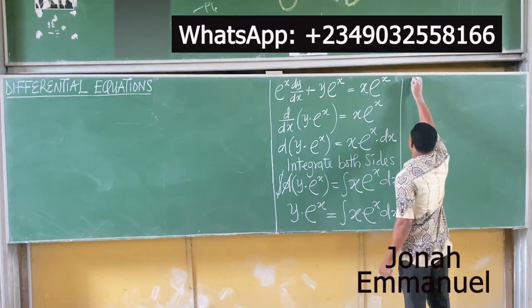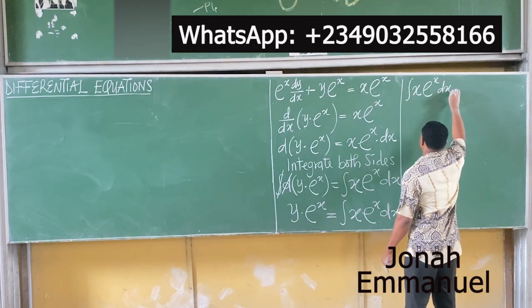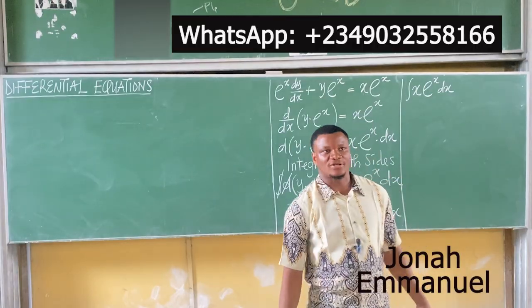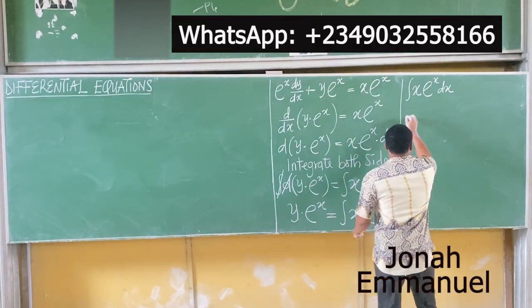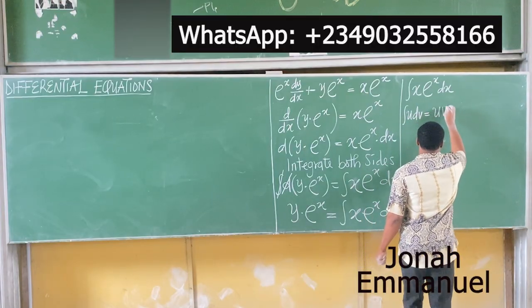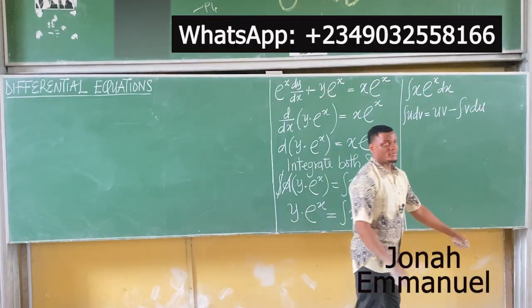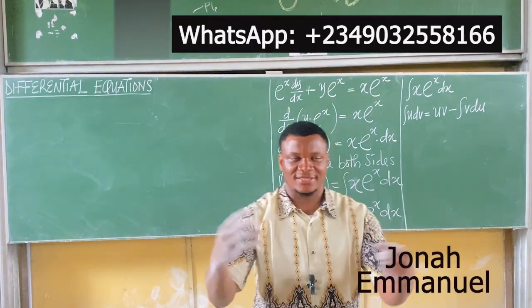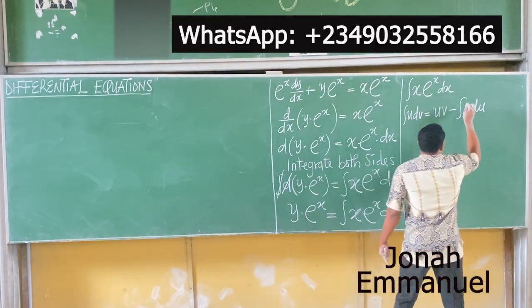I'll pick up x exponential x dx and integrate this by parts. When it comes to integration by parts, what's the formula? The integral of u dv is equal to uv minus the integral of v du. So my task is simple: get the value of u, get du, get dv, get v. From this question, what is u?